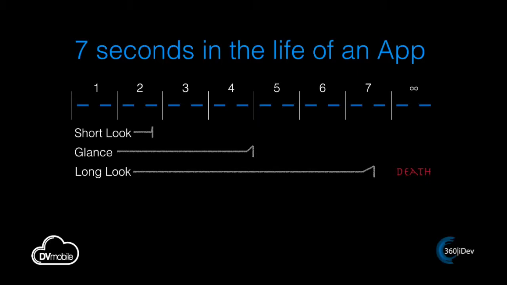Glances are kind of in between in my slide here. The reason why is it's really a user action to get there versus information coming to them. So the user will actually swipe up and then look at something briefly and then possibly go into the app and do something.